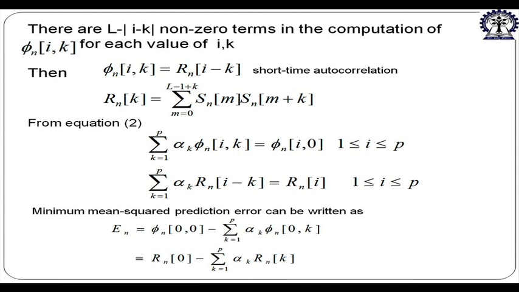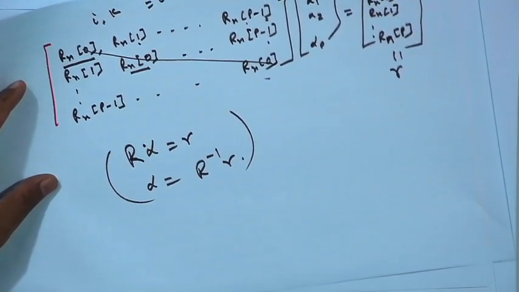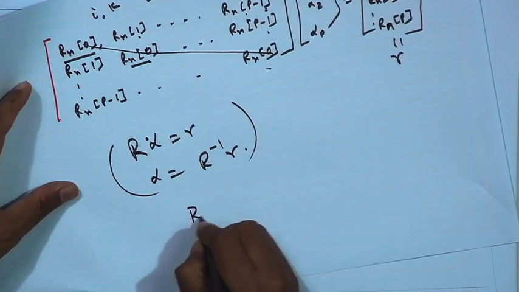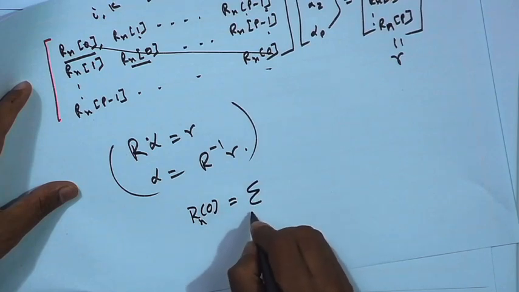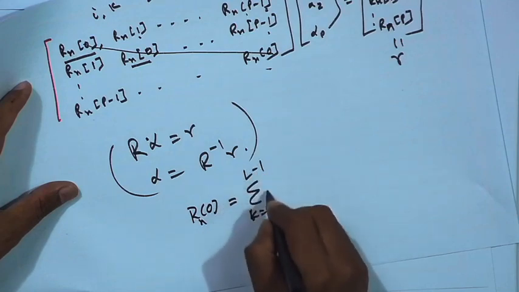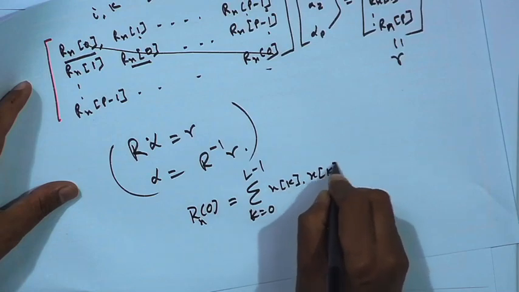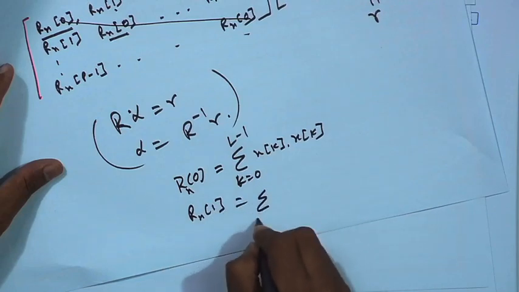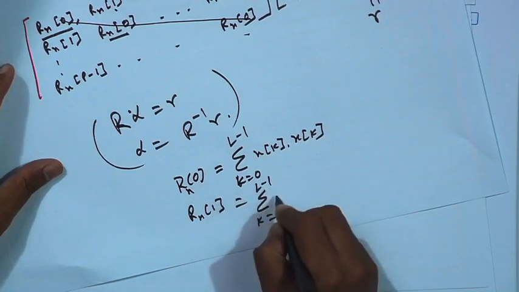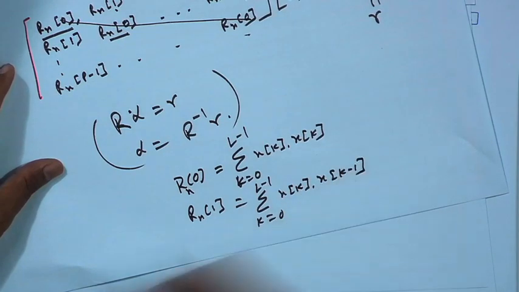Instead of phi(i, k), I have to know R_n(0). R_n(0) is, if it is L number of samples, the sum over k equal to 0 to L minus 1 of x(k) times x(k). Now, R_n(1) is nothing but the sum over k equal to 0 to L minus 1 of x(k) times x(k minus 1).